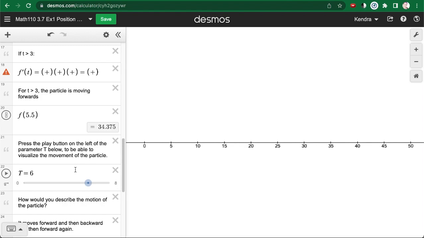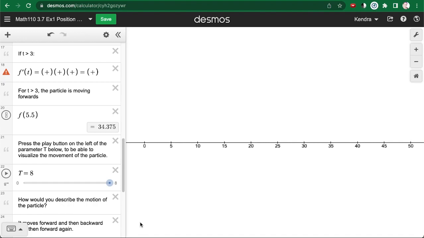So it might be the case that you might have actually watched this initial motion and asked yourself, what's going to happen after 8 seconds? What's happening over there to the right where we're not seeing it? Is it continuing to move forward? Is it moving backwards at all?